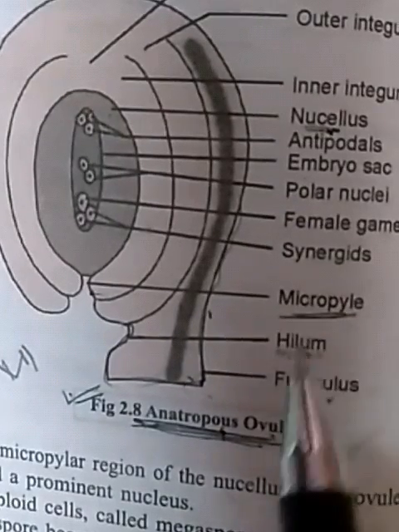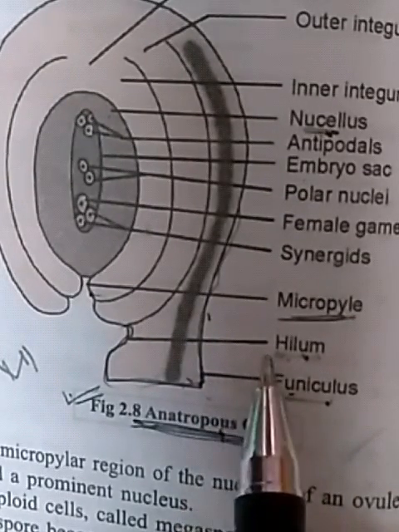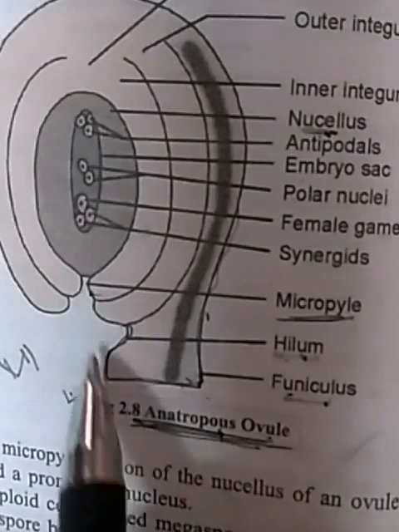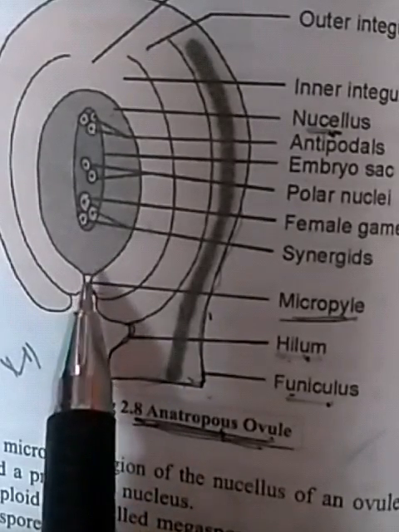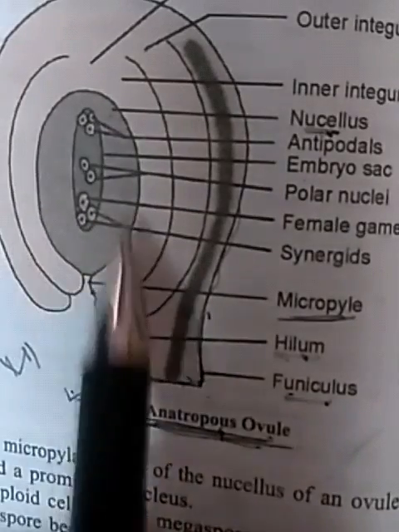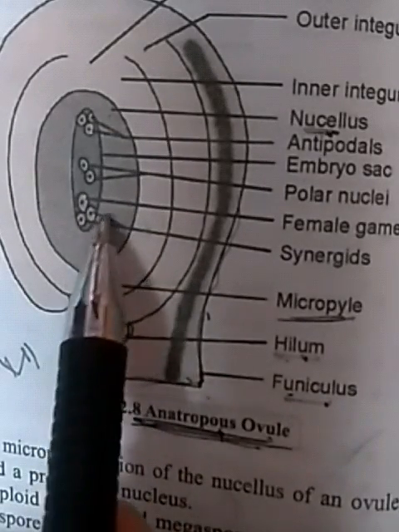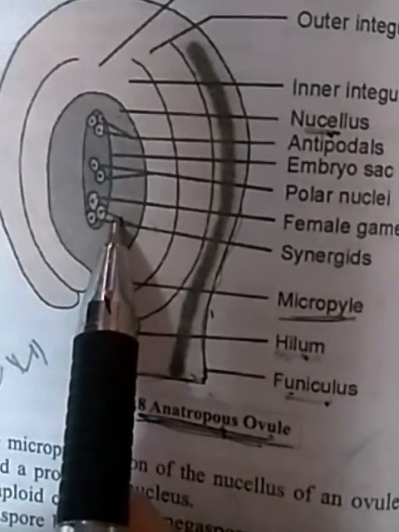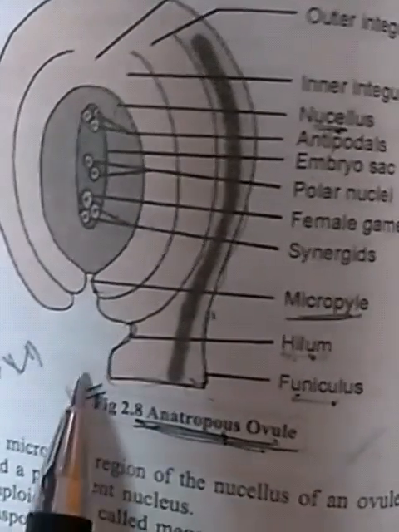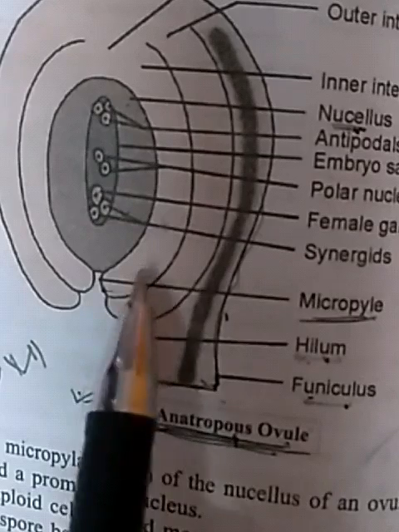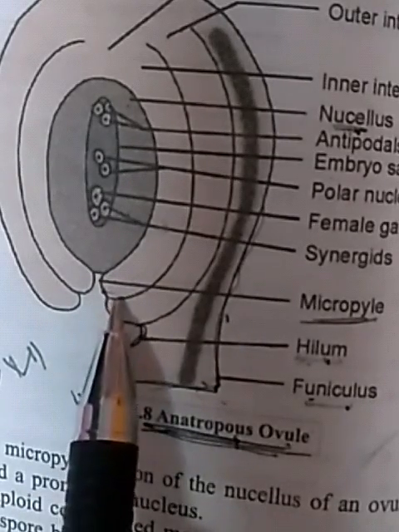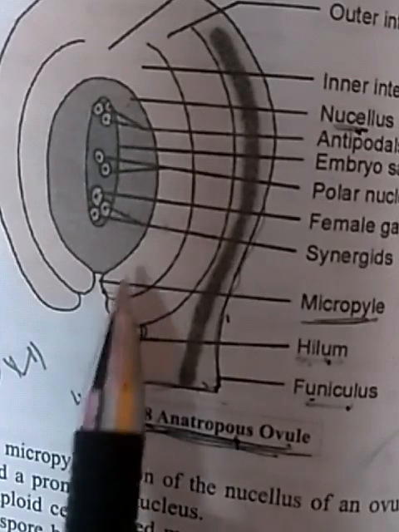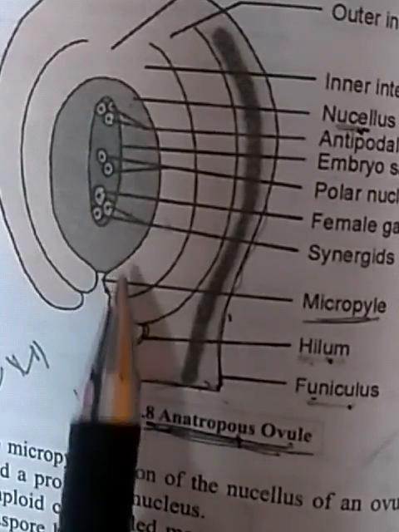This micropyle is the opening by which the male gametes will enter. Cells of the nucellus are very rich, as I told you, and provide nourishment. There is generally a single embryonic or female gametophyte located in the nucellus. It has developed from a megaspore.